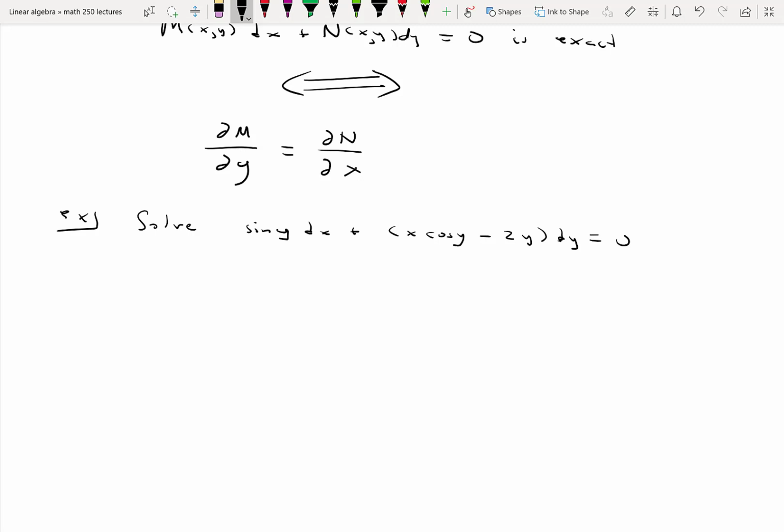There's no way you can separate x's and dx's from y's and dy's. It can't be done. So M equals sine of y, N equals x times cosine of y minus 2y.